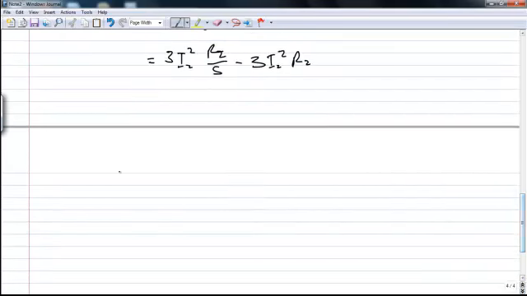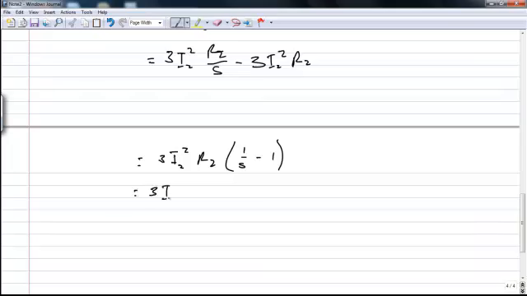And we can rearrange this equation, as such, and further in its final form, like so.